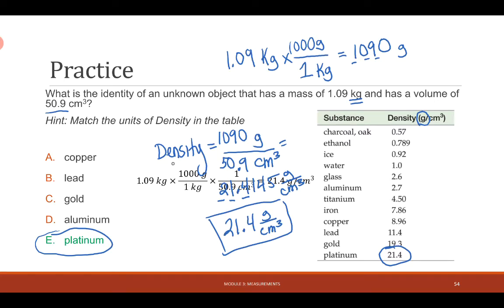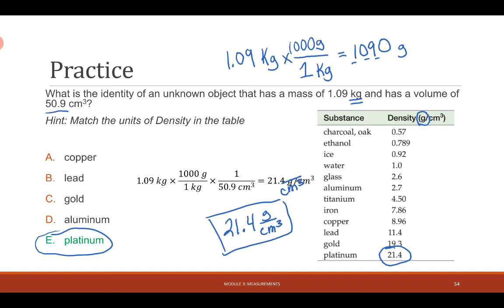If you look at the typed math underneath this, let me erase this for you. You can see I did a little mathematical trick here in my setup. The kilograms will cancel with the kilograms, and this grams won't cancel at all.